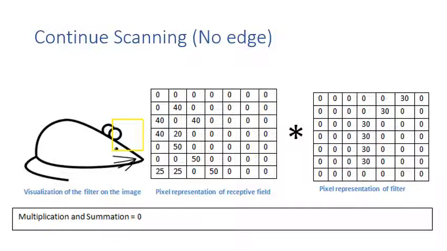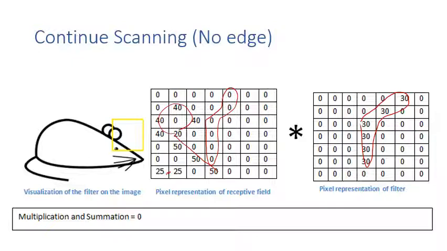We continue scanning and move the filter to the head of the mouse. You can visualize the head of the mouse by connecting the non-zero values. So what happens if we apply the curve filter to the head of the mouse? You can see that the non-zero values of the filter are applied to the 0 pixels of the head of the mouse.